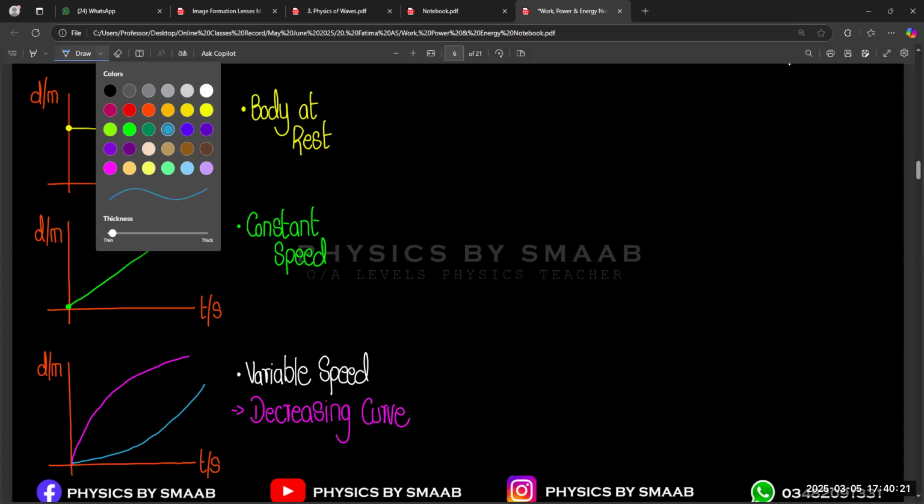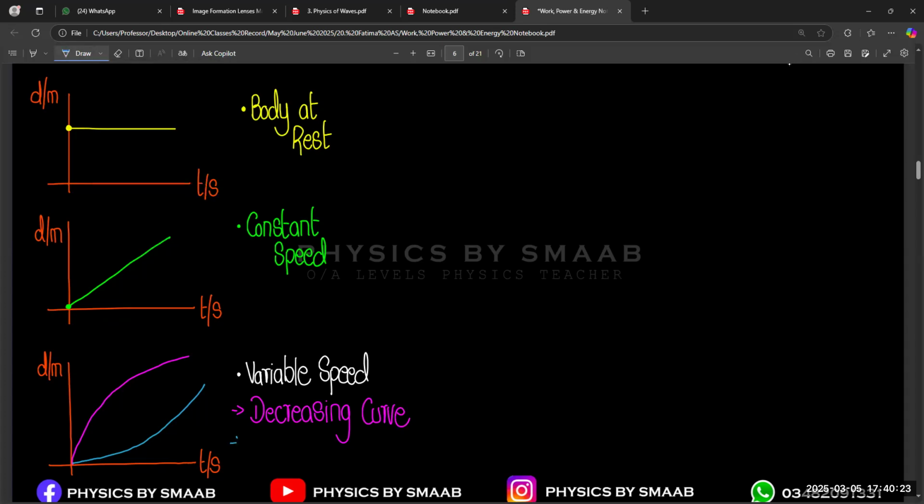And the second, the blue line, represents an increasing curve. This is the difference between the two types of variations.